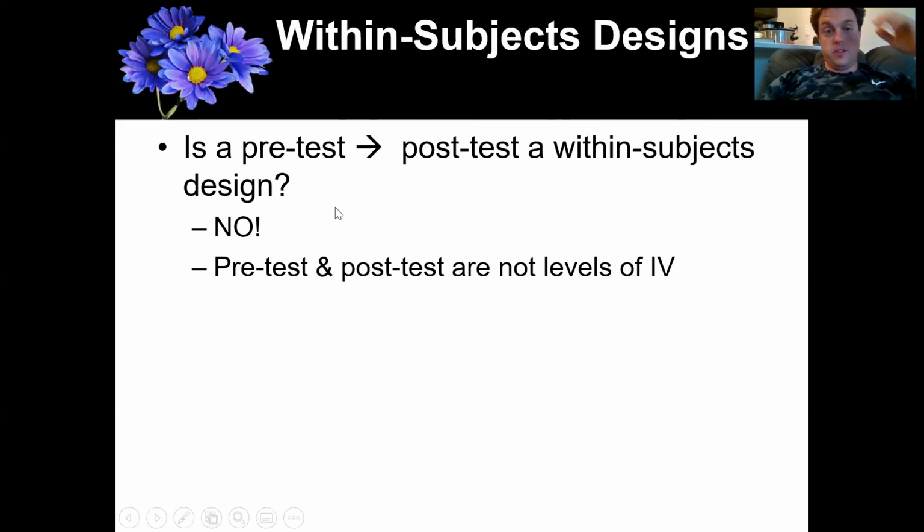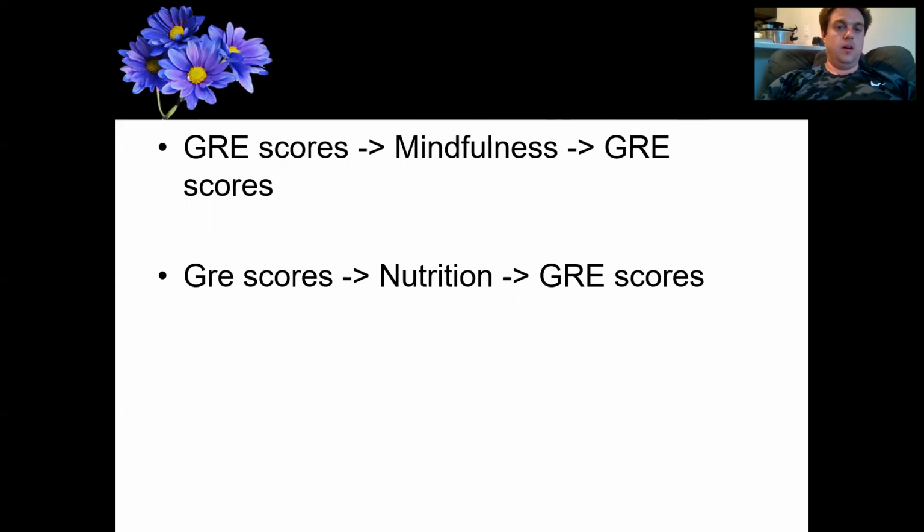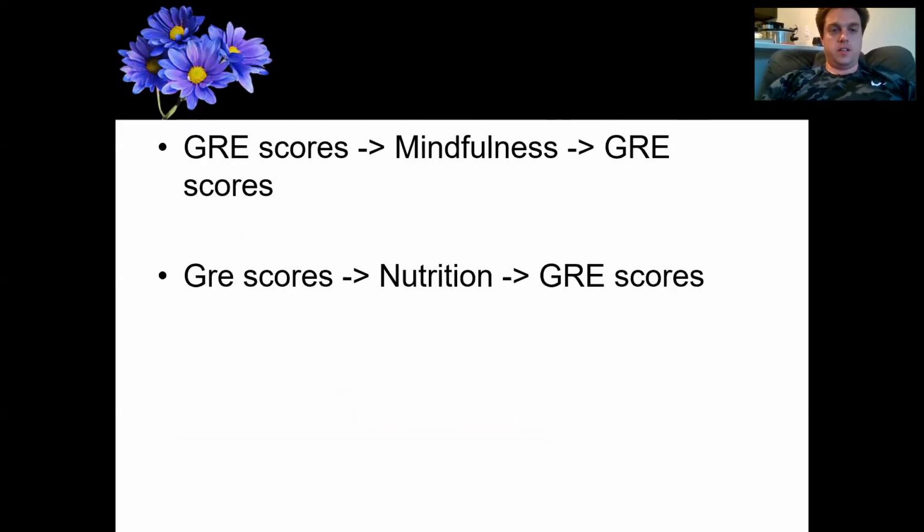But actually, sorry, before we do that, I just wanted to clarify one thing. A pre-test and post-test design is not the same as a within subjects design. Pre-tests and post-tests are not actually levels of an independent variable, usually. For example, your textbook gives the example of testing people's GRE scores, graduate record exam scores, and then doing an intervention and then testing again.